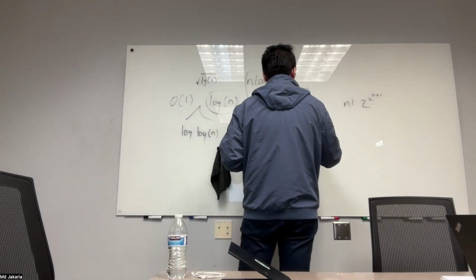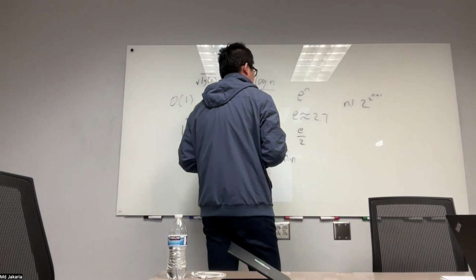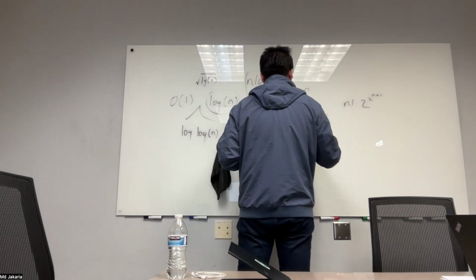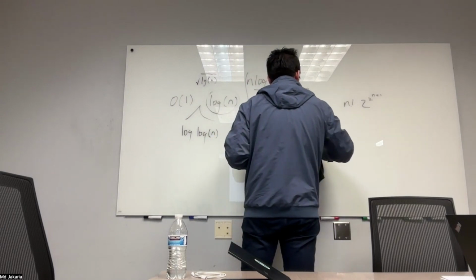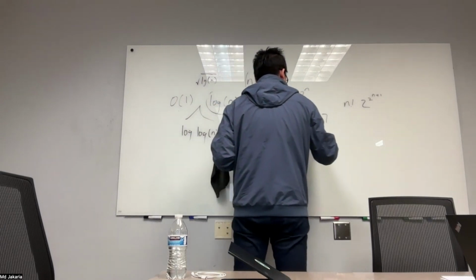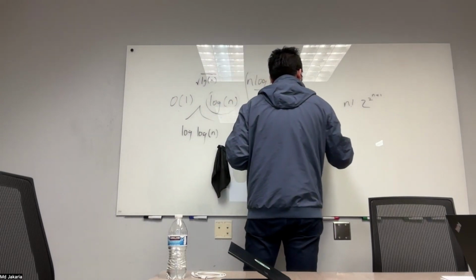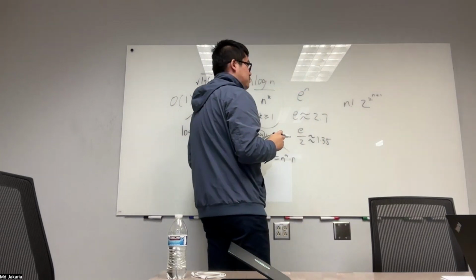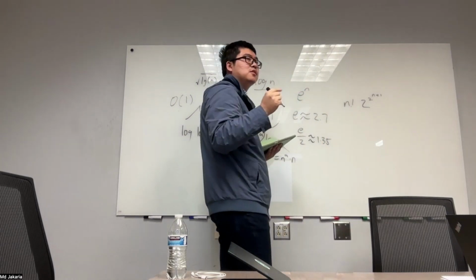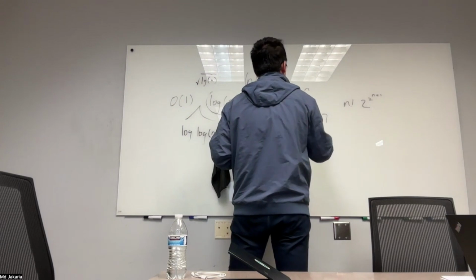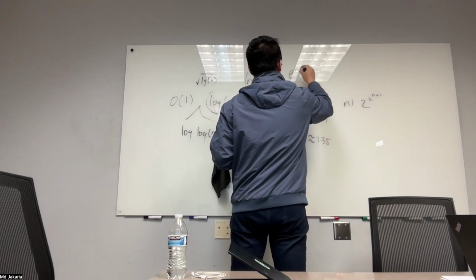How about e divided by 2? That's just roughly 1.35, give or take. All right, this is a very crude way of proving that part, the question that you asked. So we have e to the n.